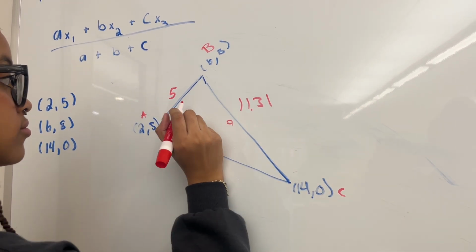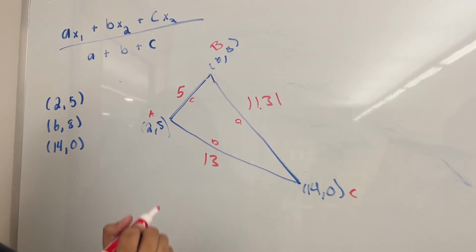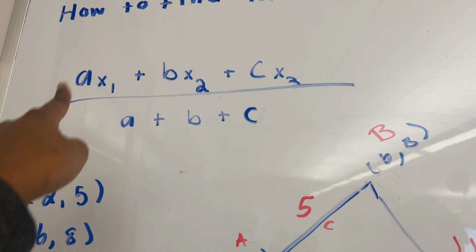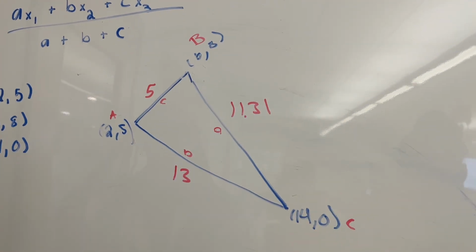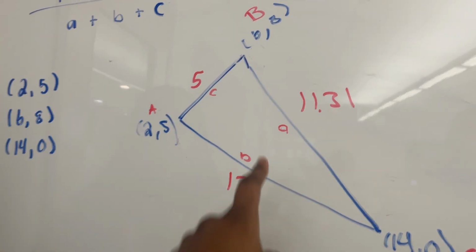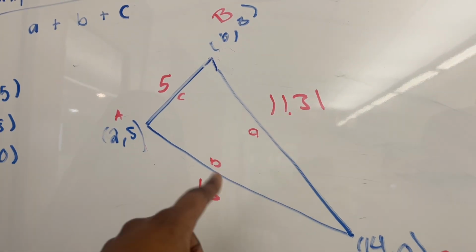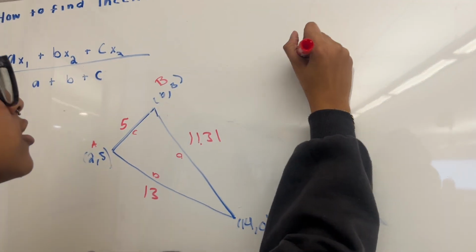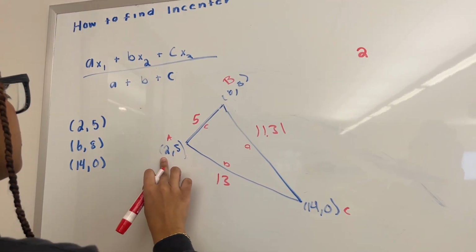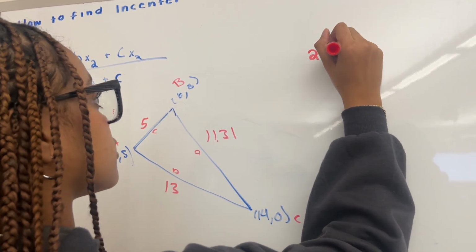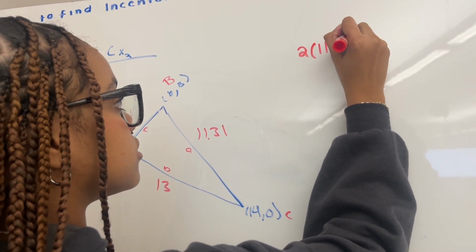So now we're just labeling. We're going to use the incenter formula to calculate. Right here the identity is A, and we have the coordinate, which is like the x. So we'll be using the x from A and the side length opposite A, and then you just do it like this.